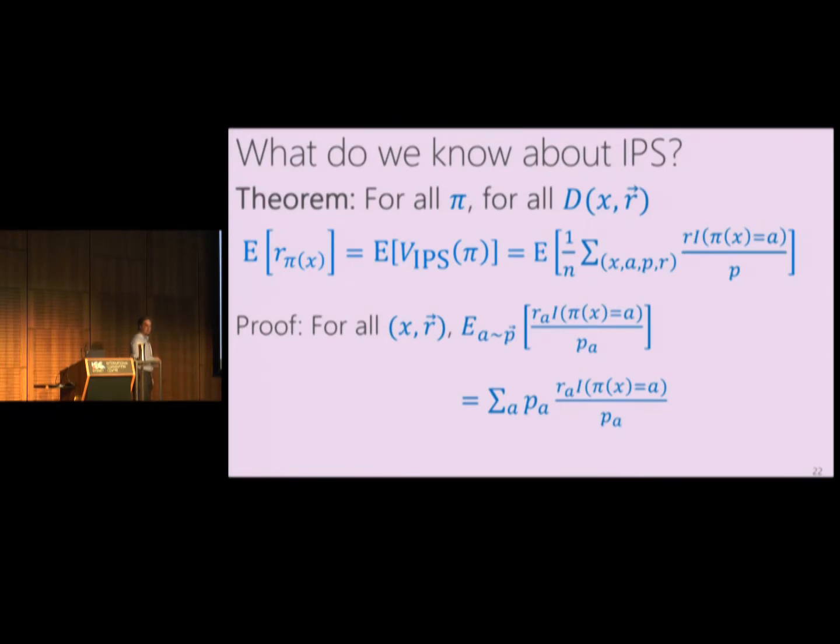The probability of action cancels with the probability of action. Then the indicator function cancels with the sum because only one term is actually on. And then you're done. So this is a proof that it's unbiased for every individual point, and that means it's unbiased for an expectation over points with respect to any particular distribution D.